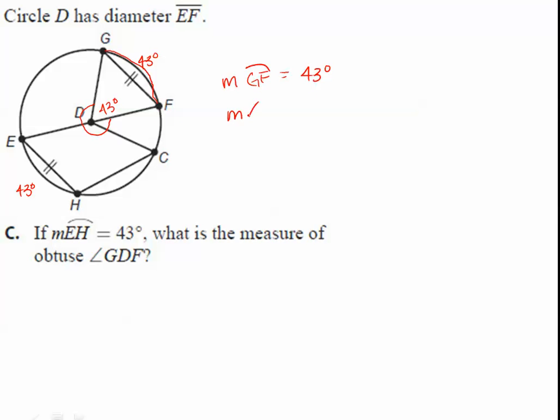Okay? And let me put acute out here because that makes all the difference. Okay? Of GDF is going to equal 43 degrees.